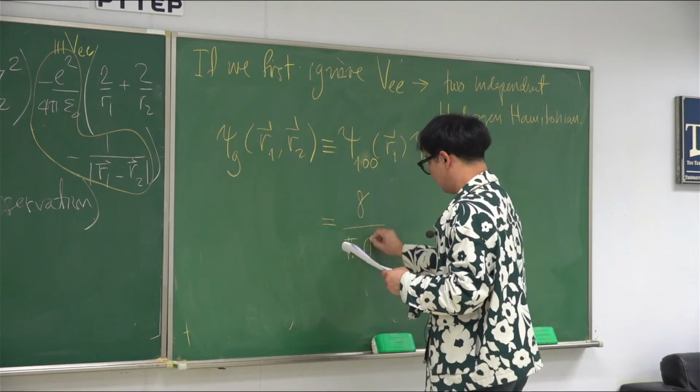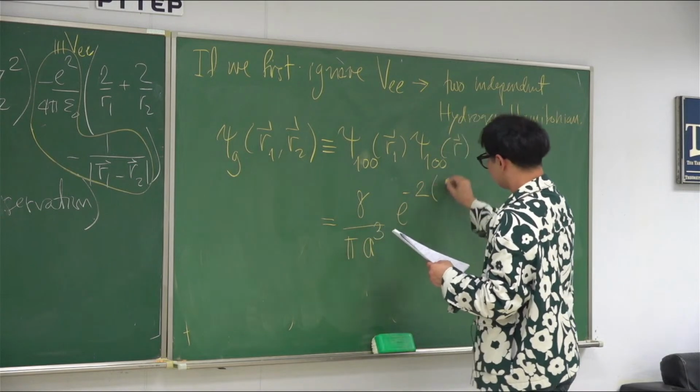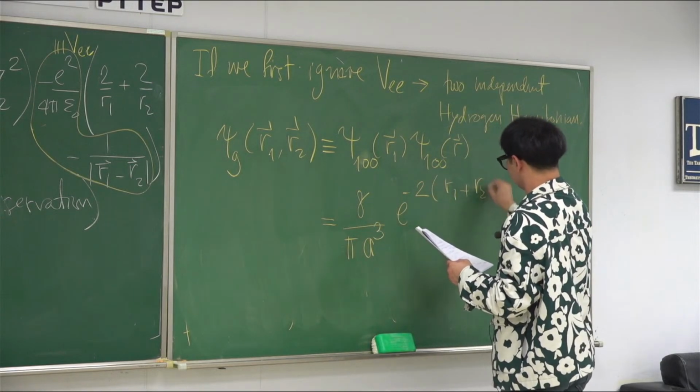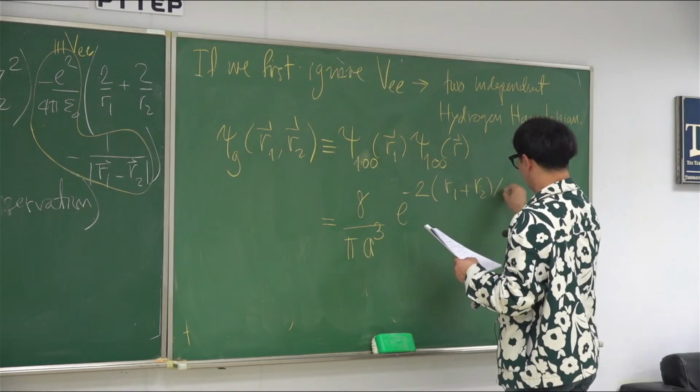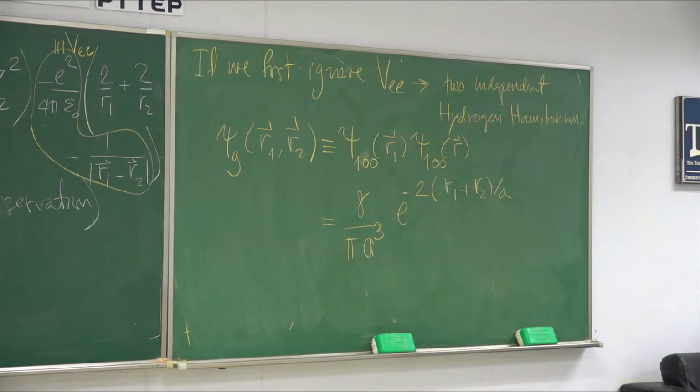It's this, where a is the Bohr radius, right?